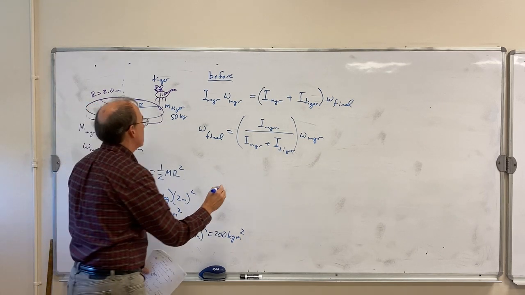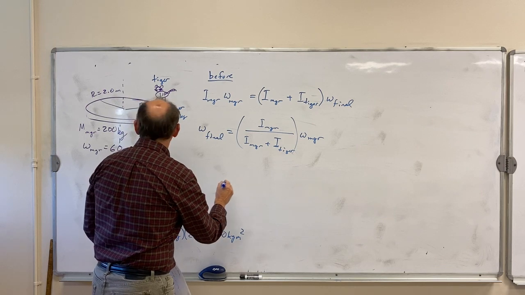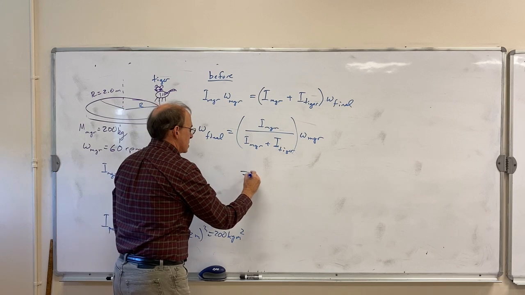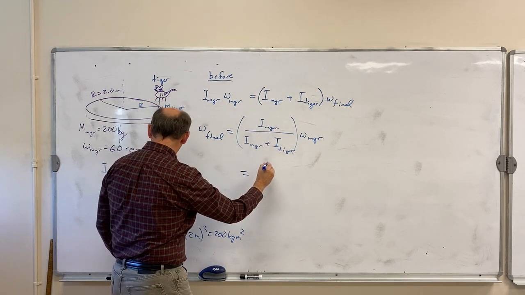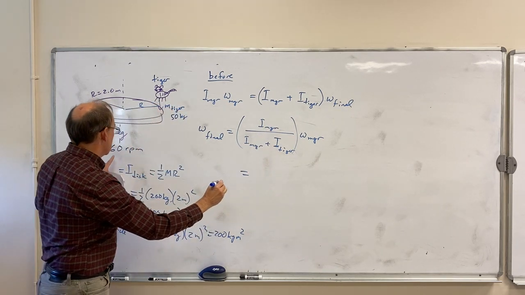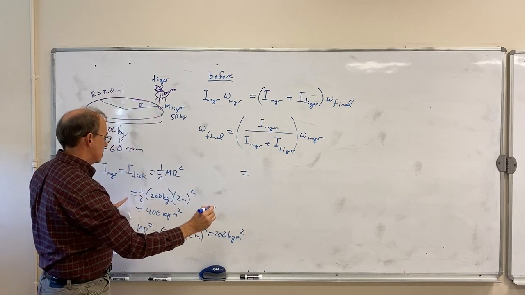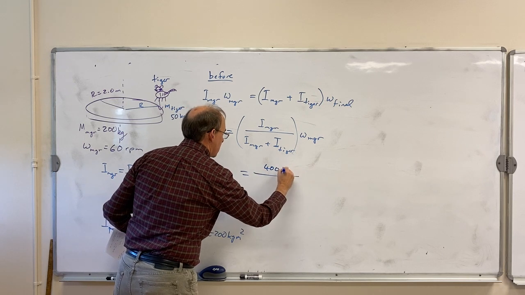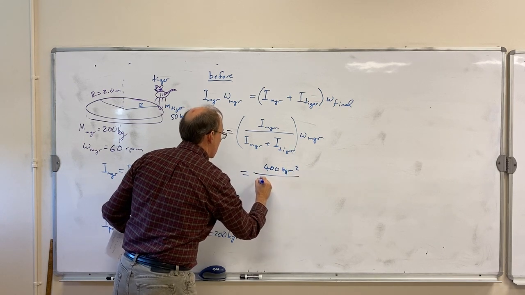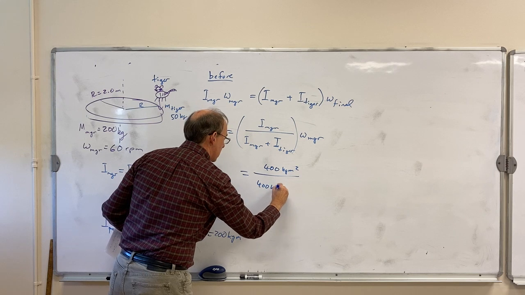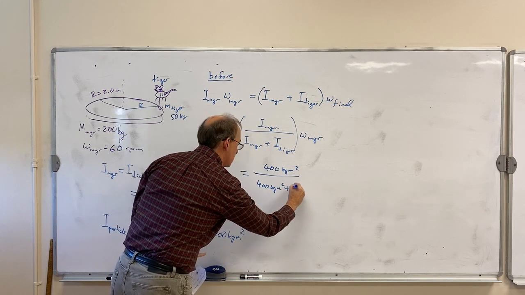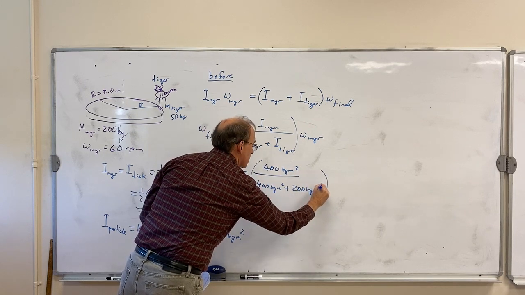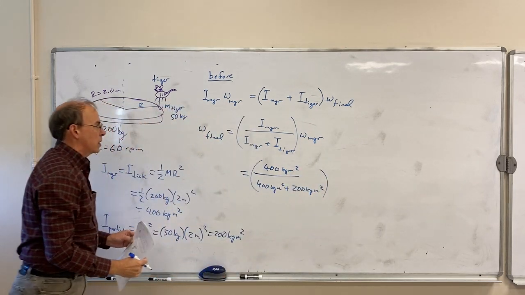Omega is 60 revolutions per minute. So let's do this first. I of the merry-go-round is 400 kilogram meters squared over 400 kilogram meters squared plus 200 kilogram meters squared, times omega of the merry-go-round.